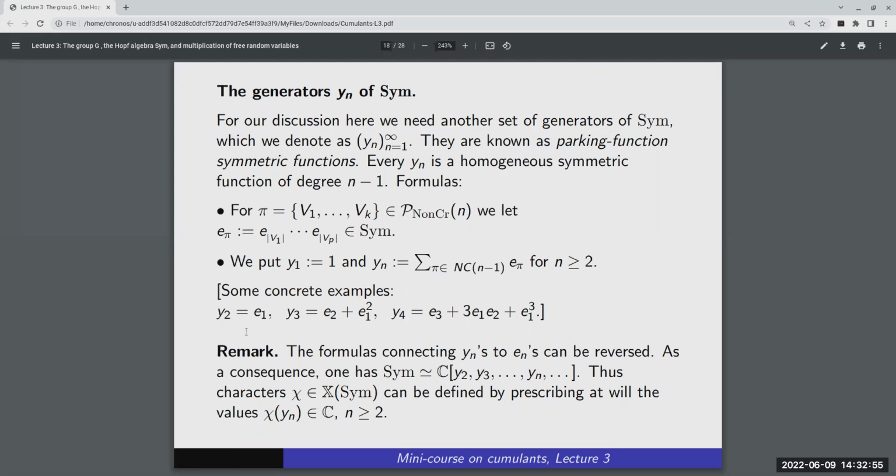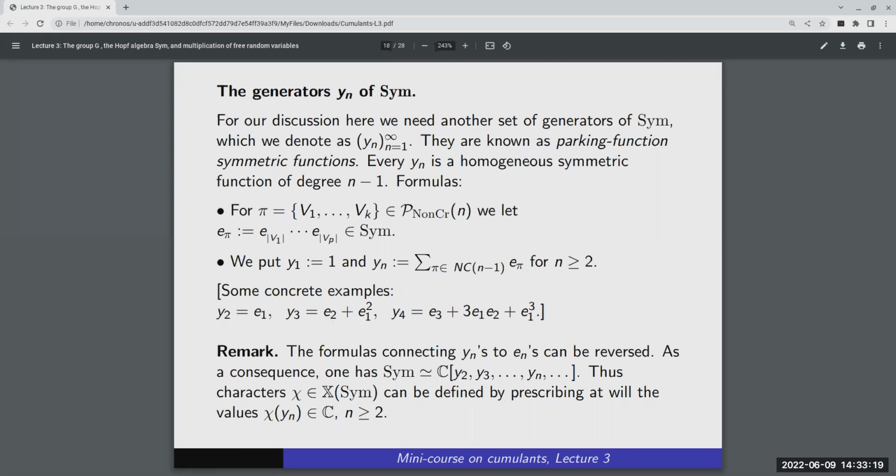So y2 is e1, y3 is e2 plus some lower order stuff, y4 is e3 plus some lower order stuff. So you can write vice versa the e's in terms of the y's, and from here it's easy to see that you can also view the algebra of symmetric functions as polynomials in the y's rather than the e's.